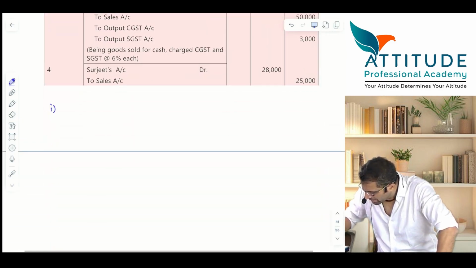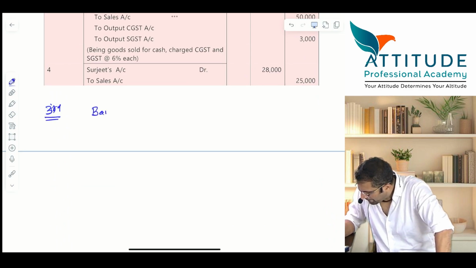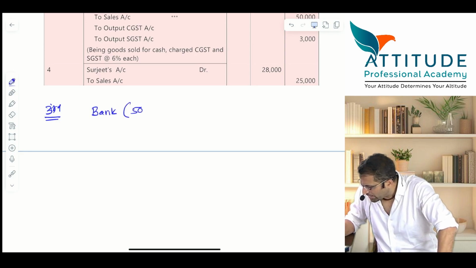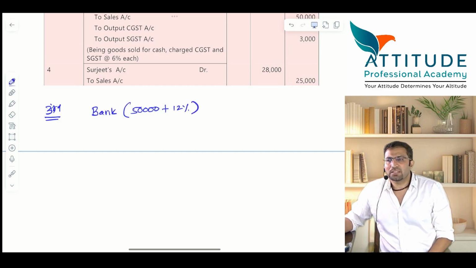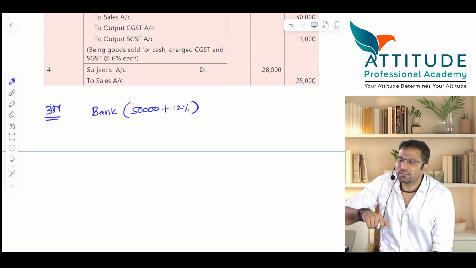date is third. हाँ, third को है. हाँ, bank account debit. Now bank account debit, you will receive only 50,000, but or 50,000 plus 12%. Plus 12%. Because you are collecting the GST from whom? Your customer.